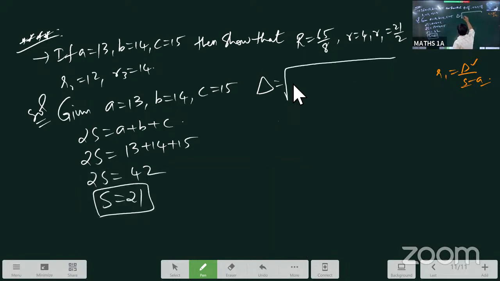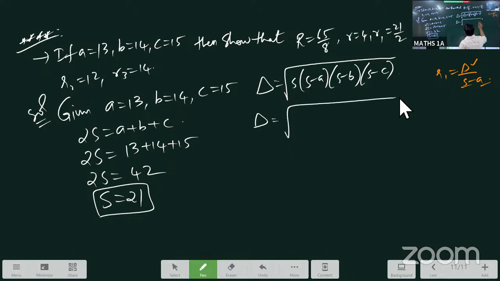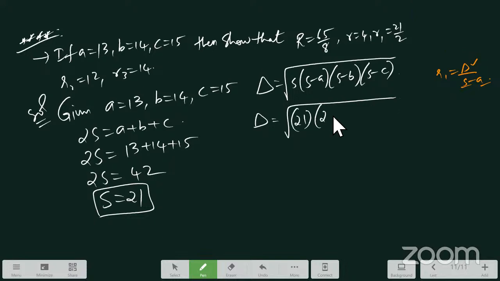What is the formula? Under root of S into S minus A, S minus B, S minus C. What is S? 21. So 21 minus 13, 21 minus 14, 21 minus 15.